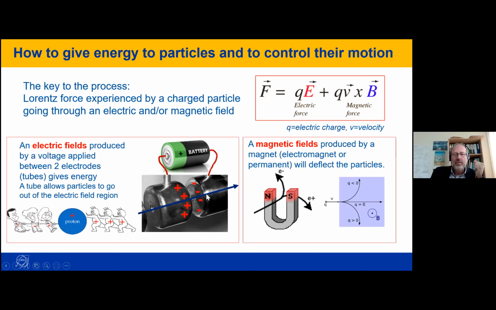So wonderful. So we have the particles, we have the acceleration. What do we need more? We need the bending, because sometimes we have to control the trajectory of these particles. And this is why we can create a magnetic field, and this will deflect the particles.